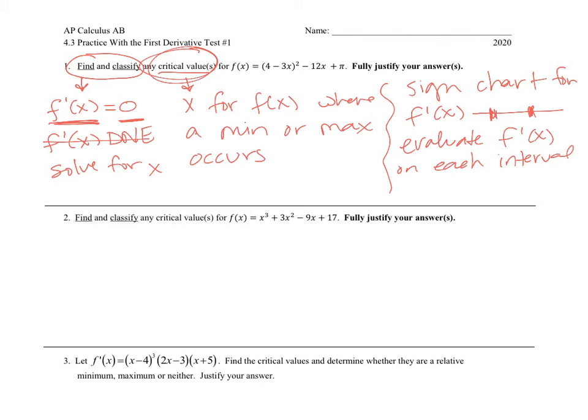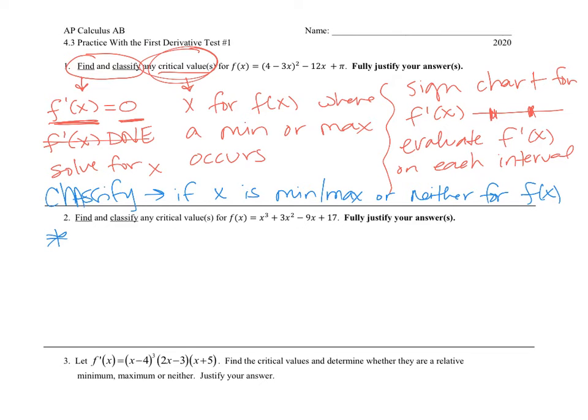And then the last thing that you're going to do is classify. Classify means that you are going to make the determination if that x value is a min, max, or neither for f of x, okay? And you're going to do the same thing for problems 1 and 2. So I'm just going to write into problem 2.